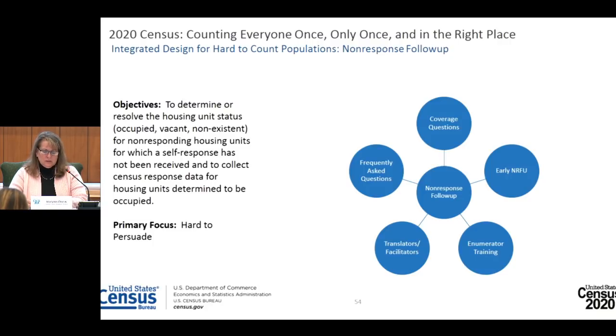And if an enumerator visits a non-responding address and no one answers, the enumerator will leave a notice of visit that provides information to the household on how to respond online or over the phone, encouraging the household to self-respond. The primary focus of non-response follow-up from a hard-to-count framework perspective is the hard-to-persuade.